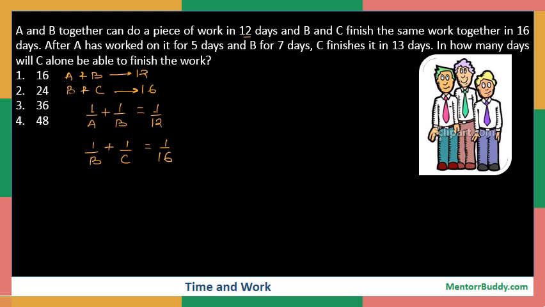Now the third thing the question is saying is, if A has worked for 5 days, and 1 upon A is A's one day work, then for 5 days it is 5 by A. Plus B works for 7 days, so B finishes 7 by B of the work, and C finishes the remaining work in 13 days, so it comes equal to 1.